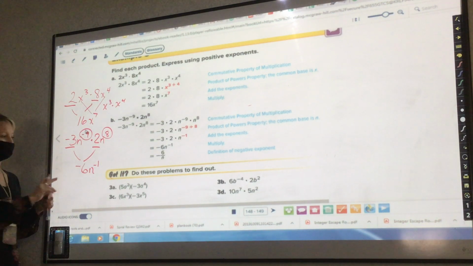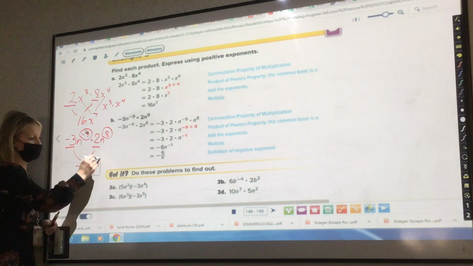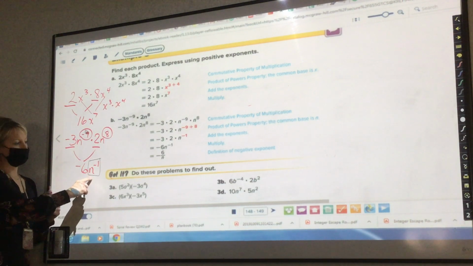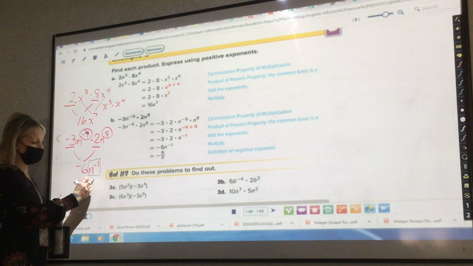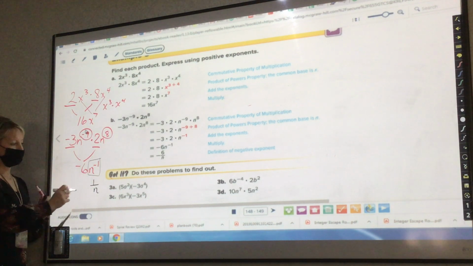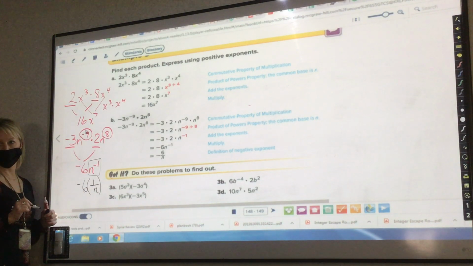But I cannot leave it. This is where it needs to change. Your whole number 6 is still going to be on the top, because I'm changing n to the negative 1, which is really 1 over n, correct? So that's like saying a negative 6 times 1 over n.